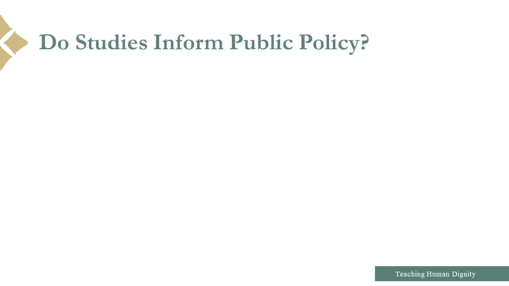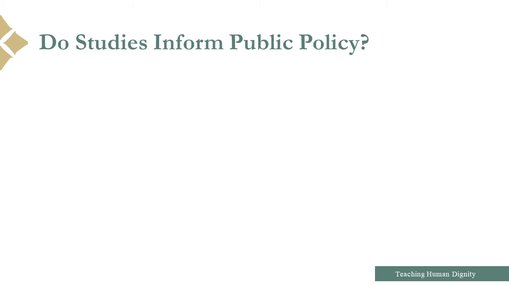This analysis of the ethical implications can serve as a good point to talk a little bit about whether these studies do indeed inform public policy and inform parental decision making. I don't have an exact answer to this.